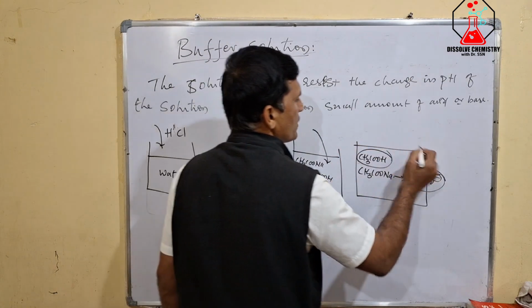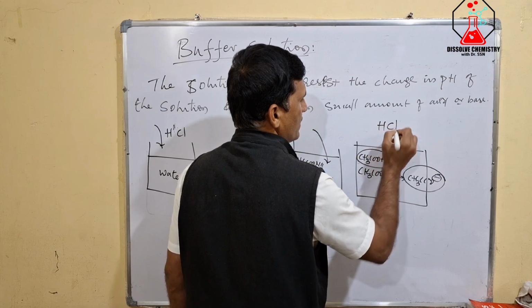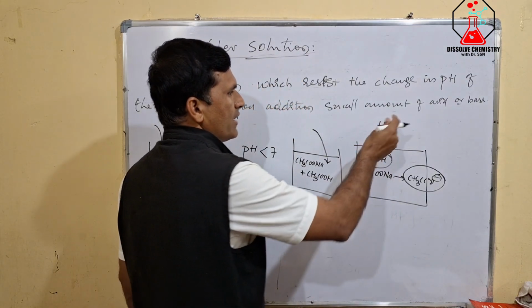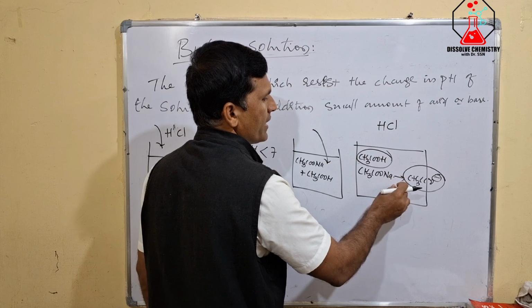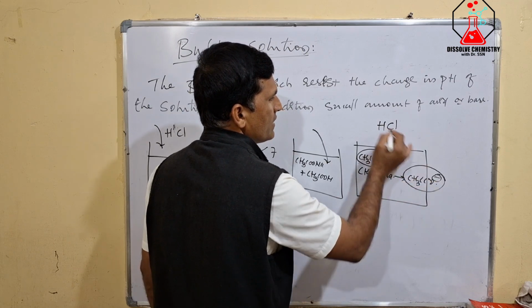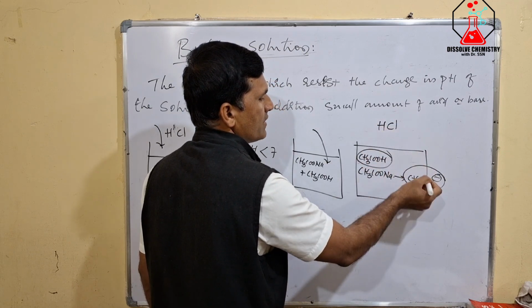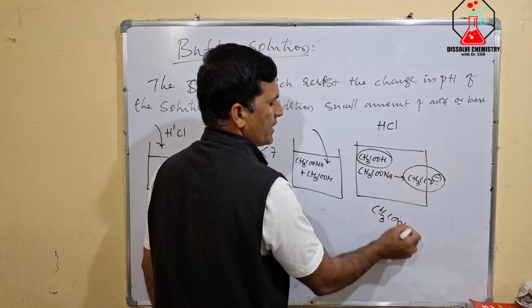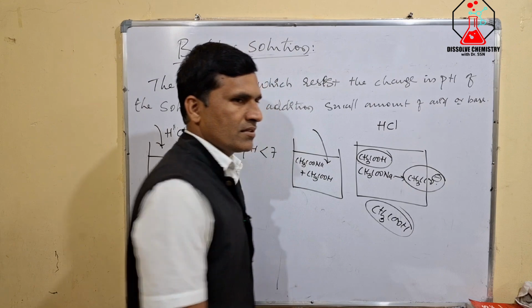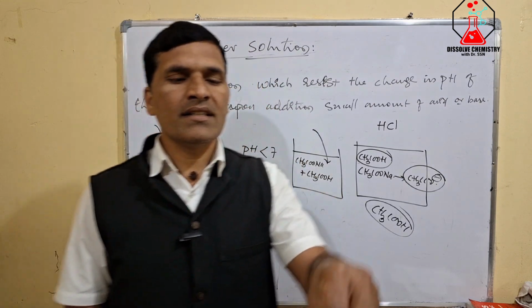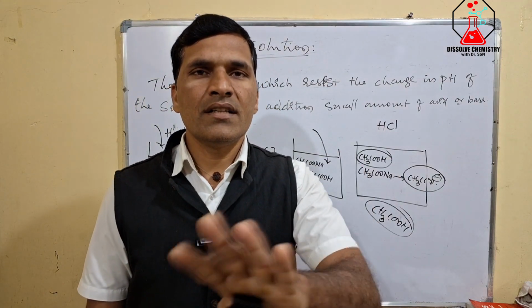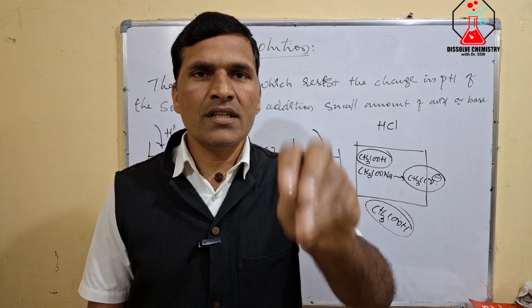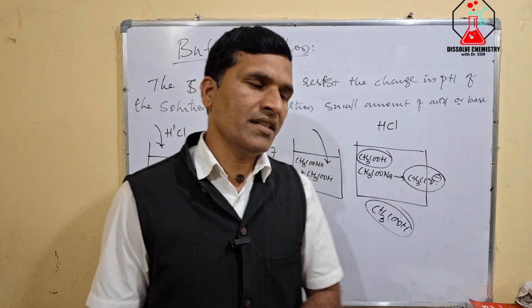Now to such a solution, if you add HCl, as soon as HCl comes in contact with this, immediately the H plus ion from the HCl is taken by the acetate ion to form undissociated acetic acid. So to a certain extent, if you add the HCl, it will not allow an increase in the concentration of the H plus ion.